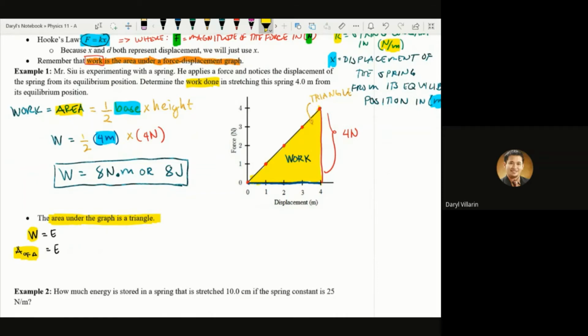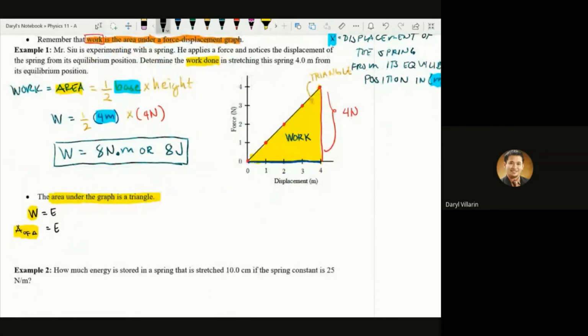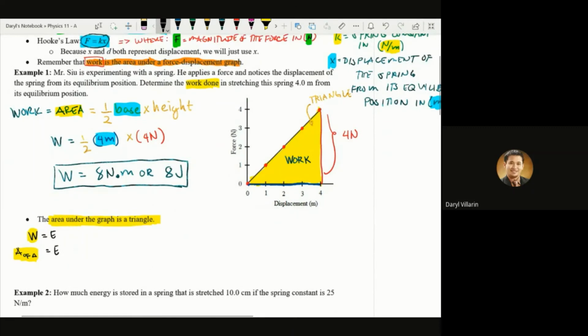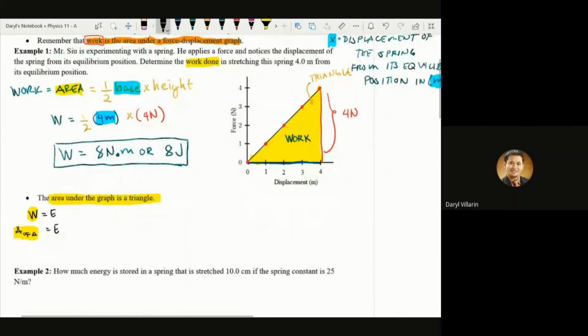So again, it was already shown in the previous one that the work done is just equivalent to the area. Okay. And if you can see, for the area of the graph, since a spring follows Hooke's law, you should always get this type of graph, a linear graph. Okay. So that is just the area of the triangle, 1/2 base times height.